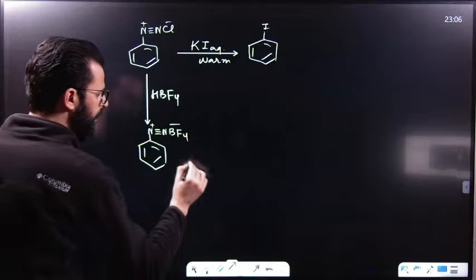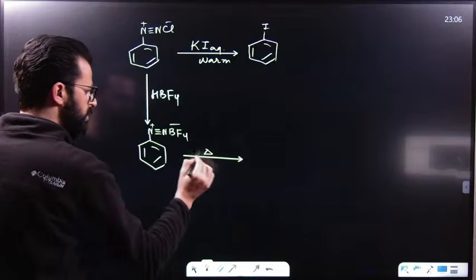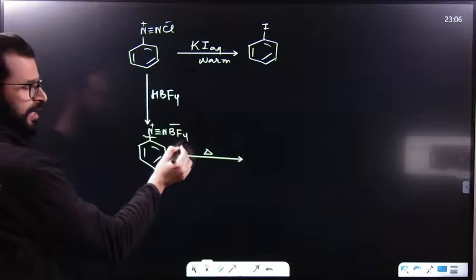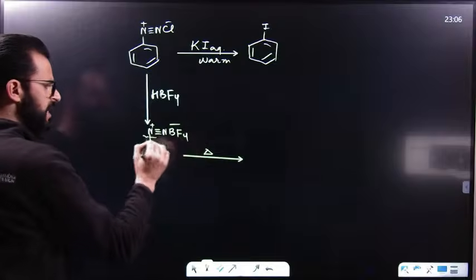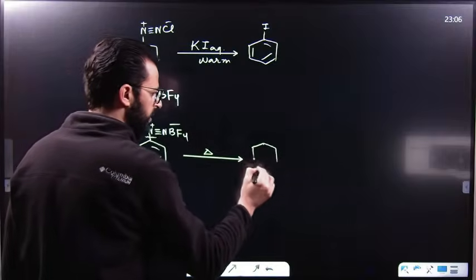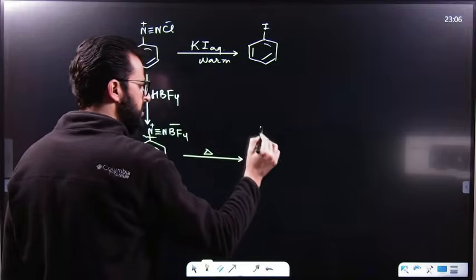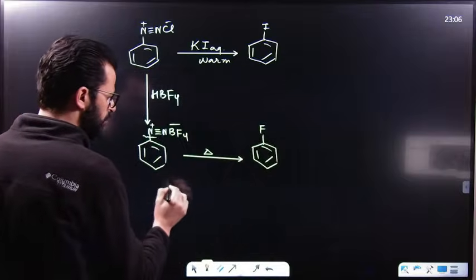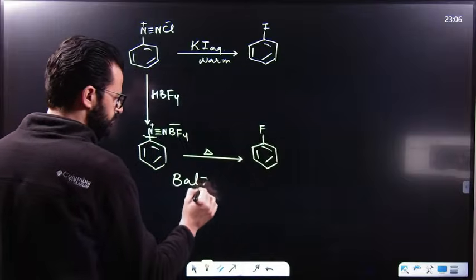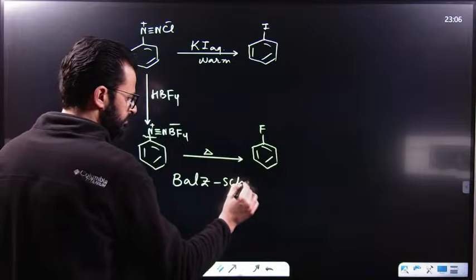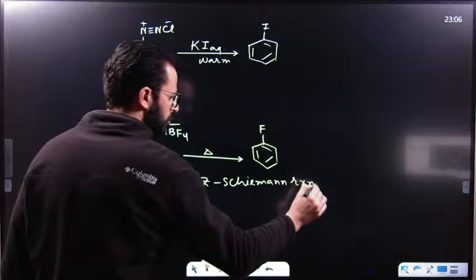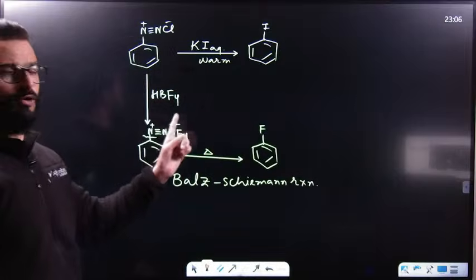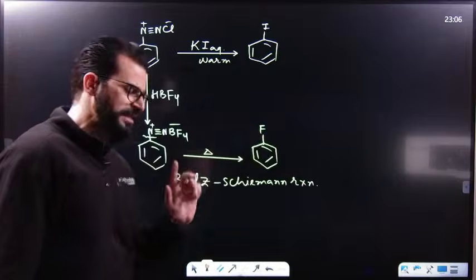Now if you heat this, N2 will be lost, and from BF4 minus, F minus will attack, resulting in the formation of fluorobenzene. This reaction is known as the Balz-Schiemann reaction. During the Balz-Schiemann reaction, benzene diazonium tetrafluoroborate forms fluorobenzene.